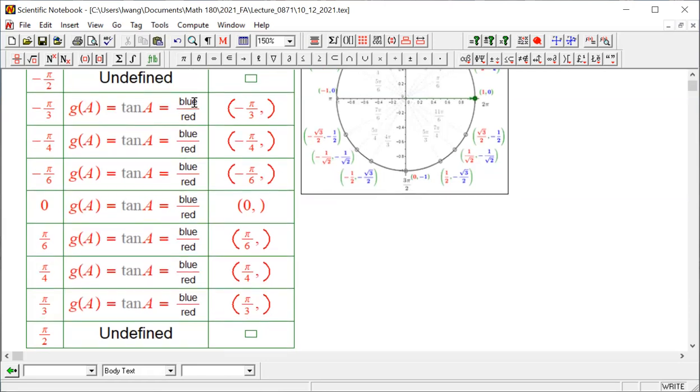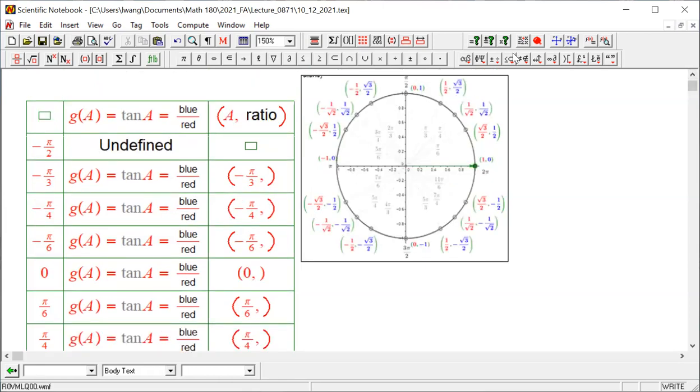We've done this before. Okay, so for negative pi over 3, we measure the angle. It's just ARD, really. Negative pi over 3, that's the terminal.